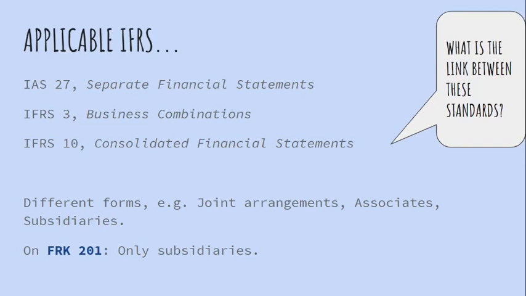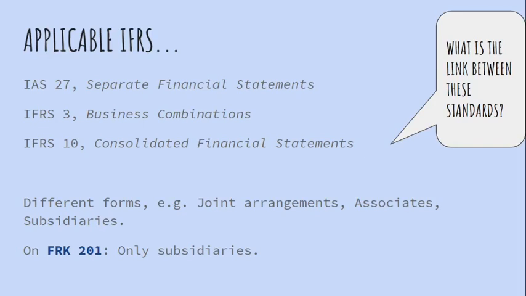For that, we'll look at IFRS 3 Business Combinations and IFRS 10 Consolidated Financial Statements. IFRS 3 defines a business combination as a transaction or other event in which an acquirer, or the parent, obtains control over one or more businesses. There are quite a lot of key concepts in that definition.